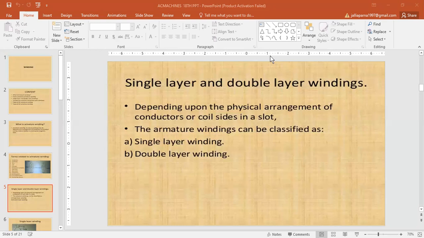Such windings, in which two coil sides occupy each slot, are most commonly used for all medium-sized machines.